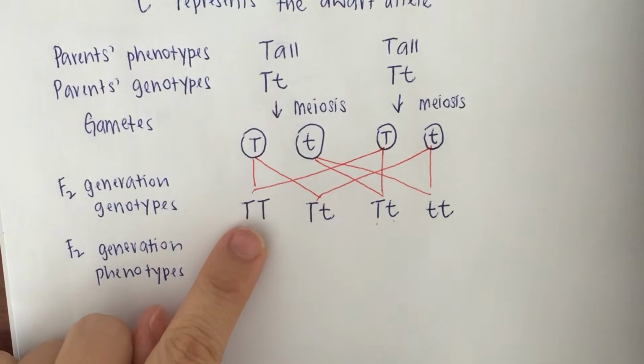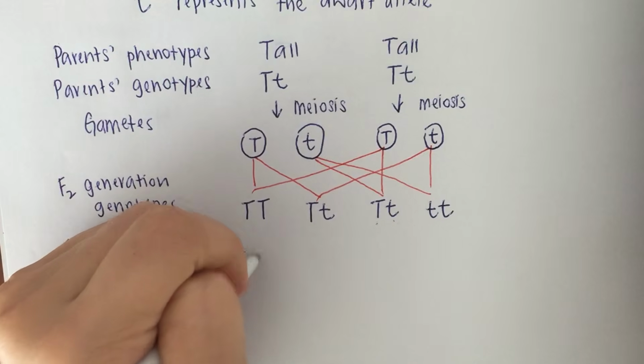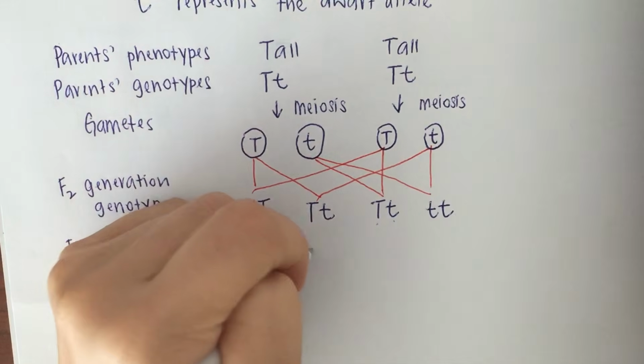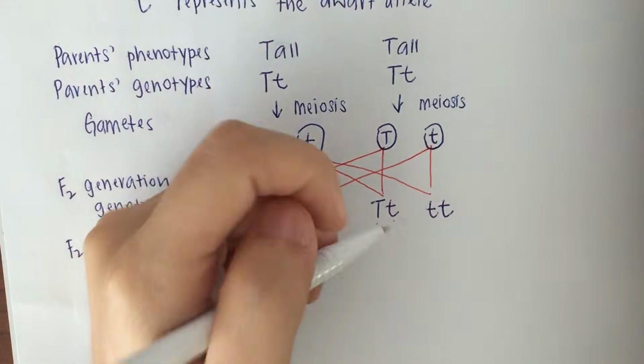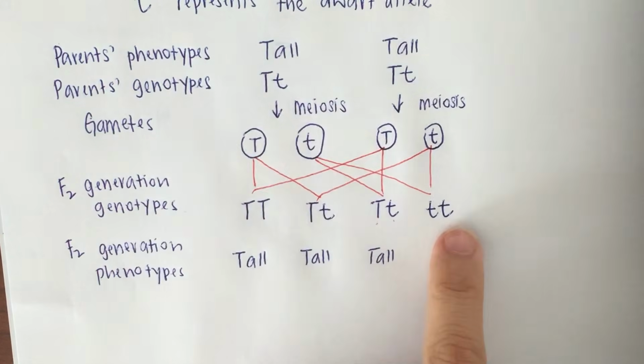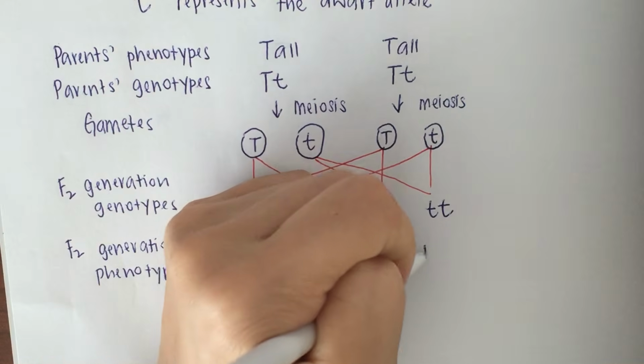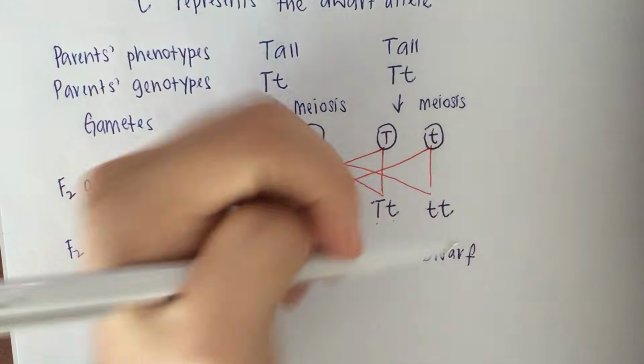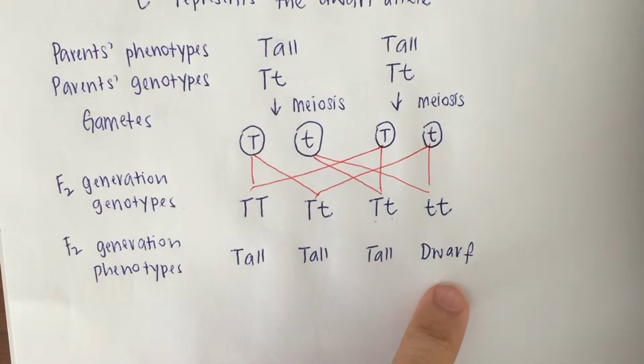So in this case, this is homozygous dominant, this is tall, heterozygous, tall, heterozygous, tall, and last but not least, this is homozygous recessive. So this is the dwarf plant.